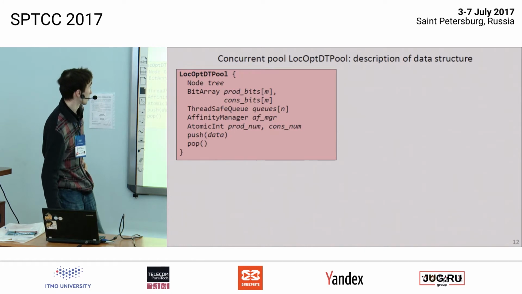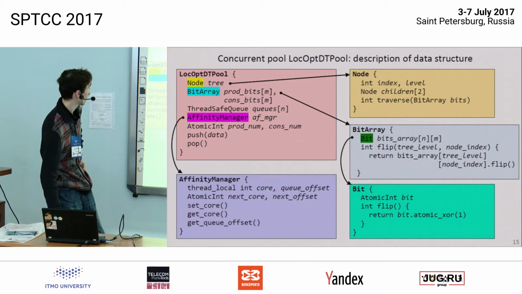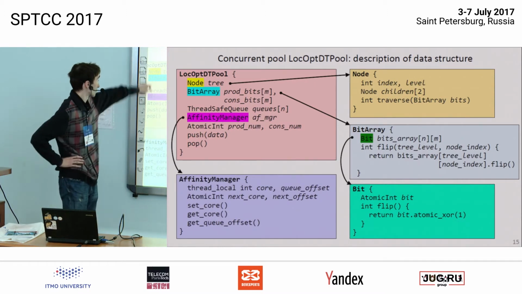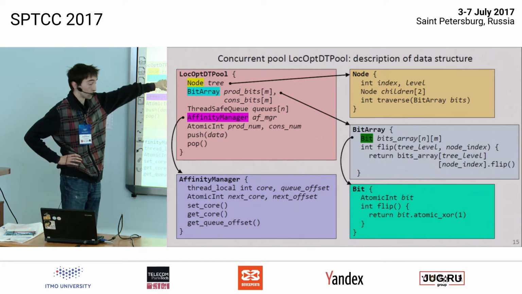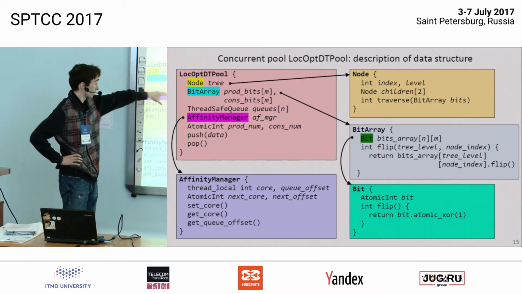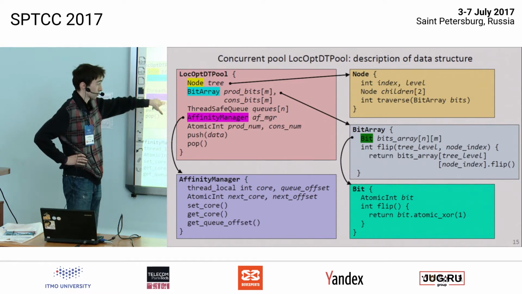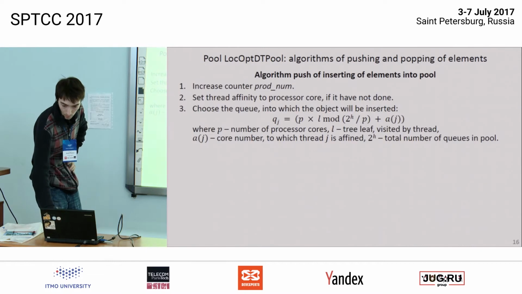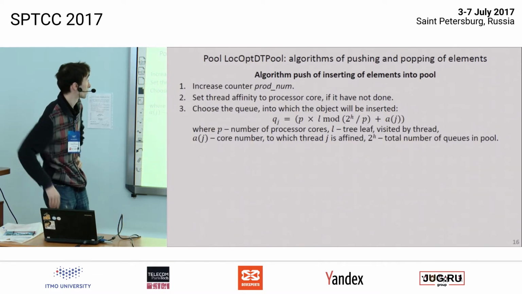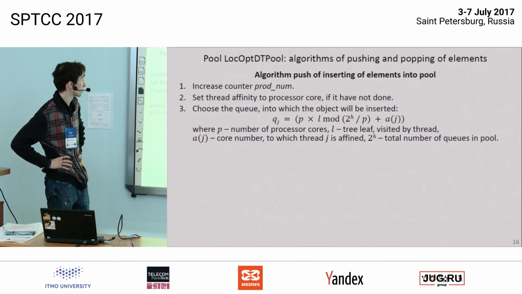Here is the structure of our implementation. It contains a diffracting tree, an array of bits, concurrent queues, an affinity manager, and counters for counting threads. Here is the algorithm for the push operation for insertion of elements.